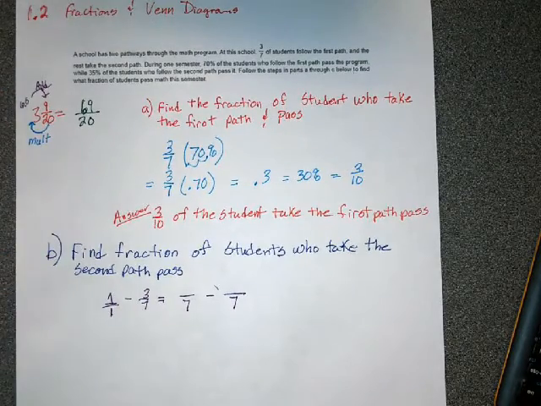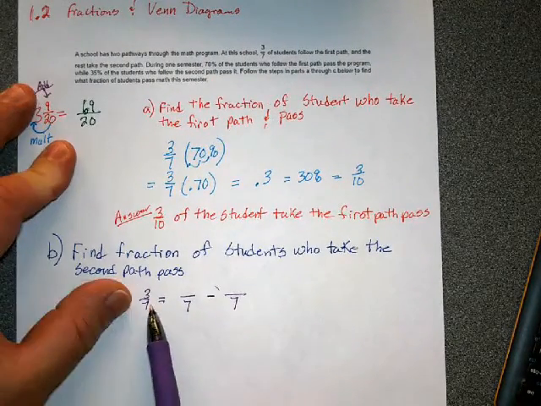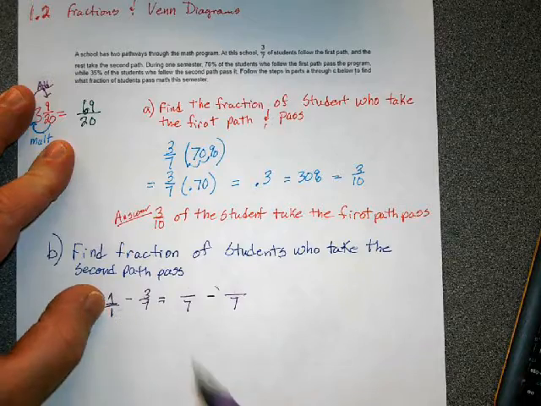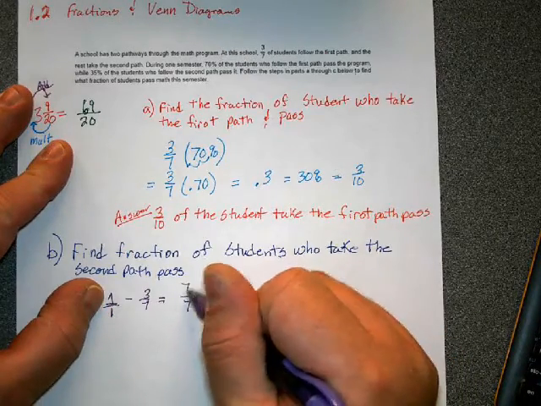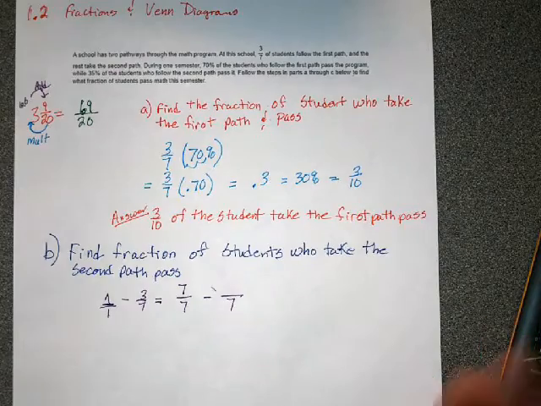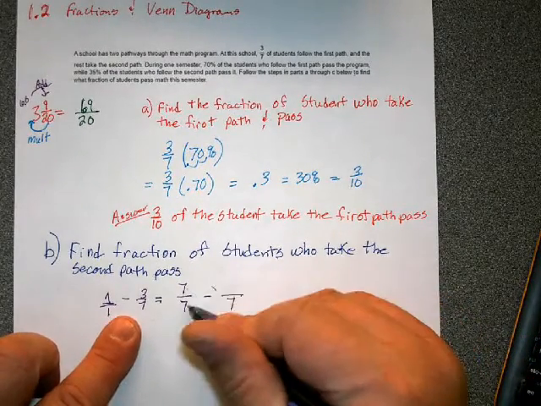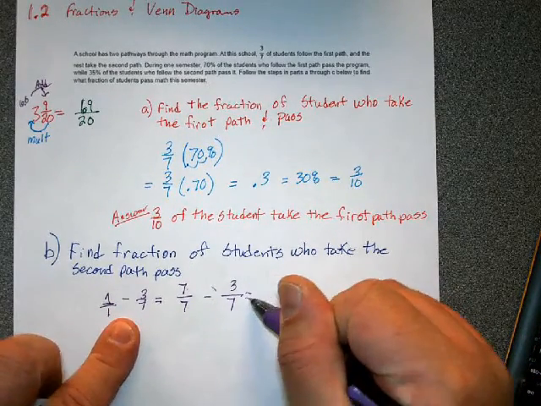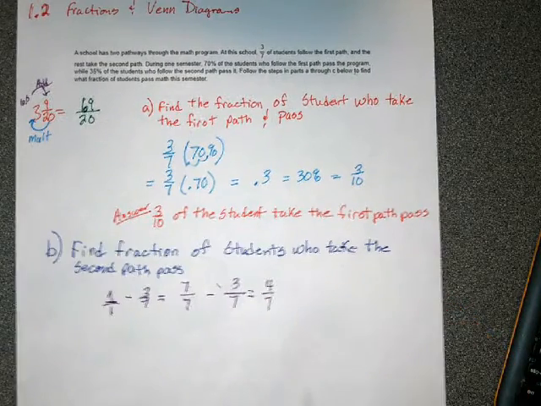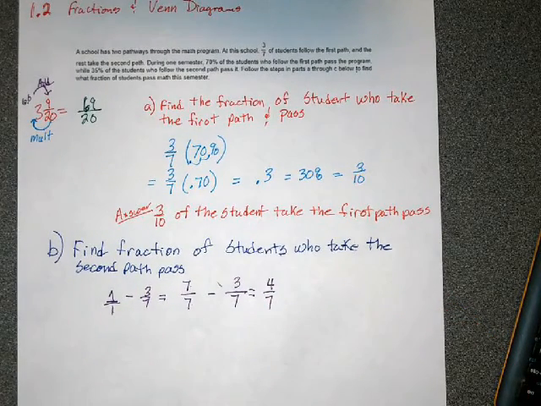I can't make that 7 a 1, but I can make this 1 a 7. 1 over 1 is equal to 7 over 7, right, anything over itself is 1. So, 7/7 minus 3/7, that means 4/7 of the student population take the second path, right?